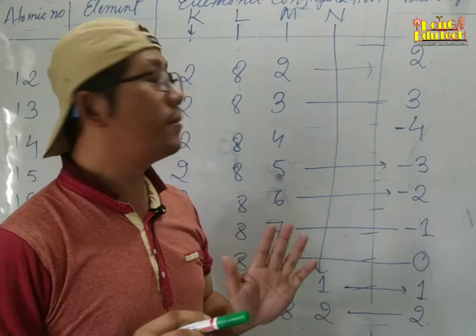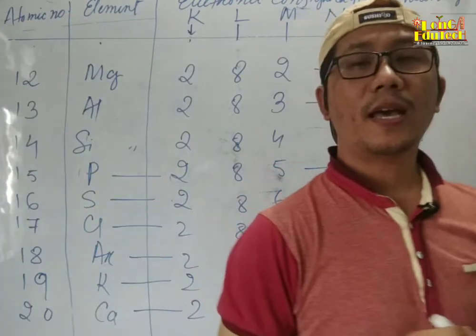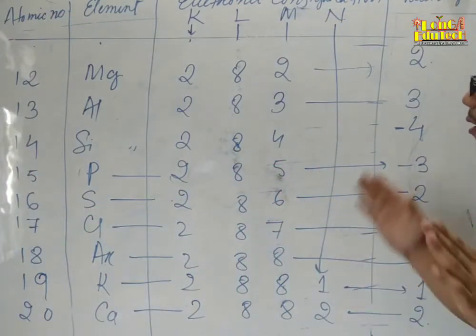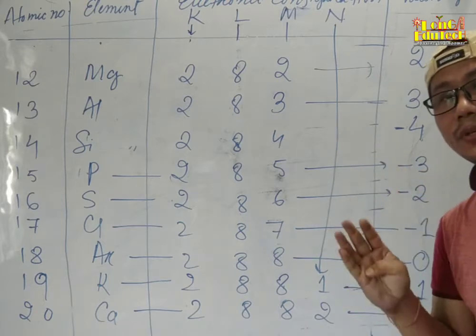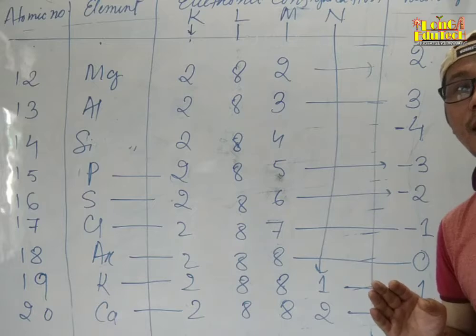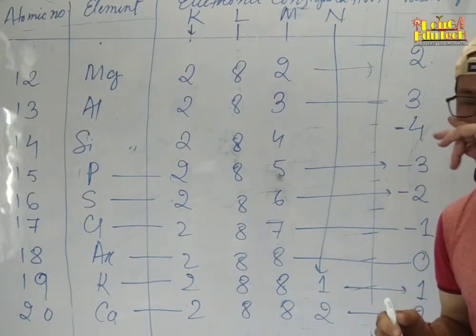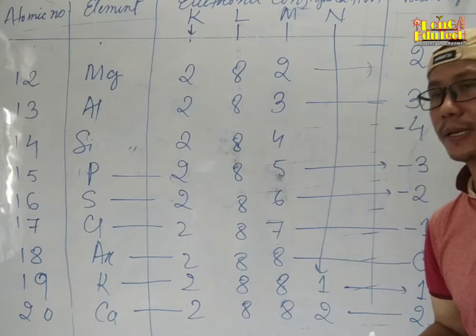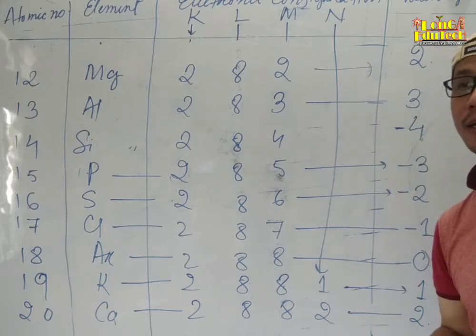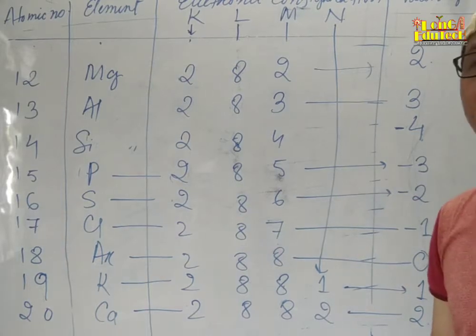And you have to keep in mind this main important point: those elements which have 1, 2, 3 valence electrons, they are metals. And 4, exceptionally for carbon, it is a non-metal, and the others remaining which have 4 electrons are metalloids.